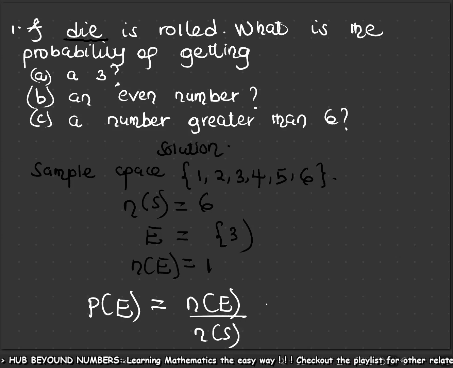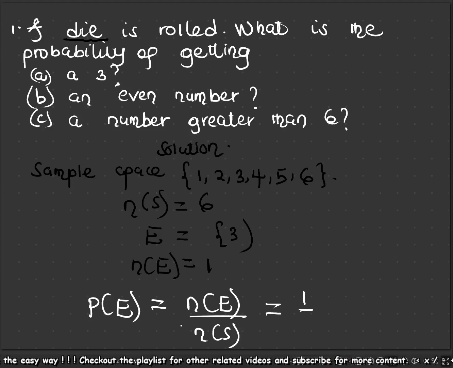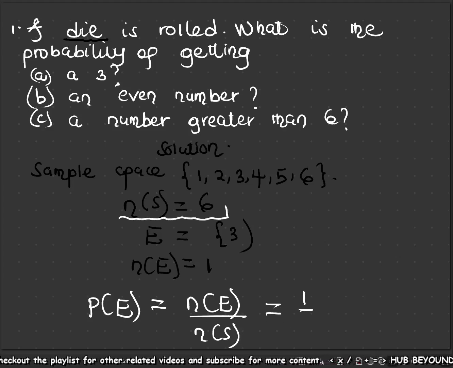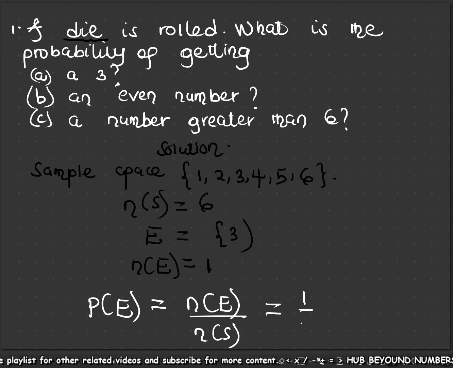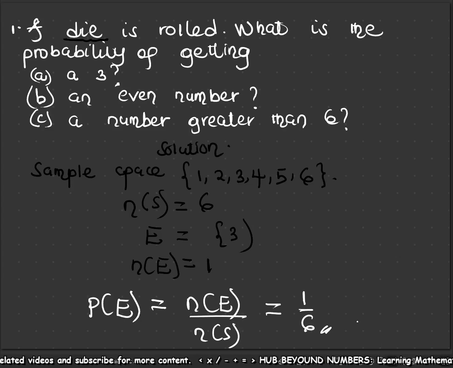Per what we have over here, we have just one element as the event. So it is 1 all over how many elements you have as the sample space, taken from here, which is 6. Hence, this is our probability: 1 over 6. So we say the probability of getting a 3 is 1 over 6. As simple as that.